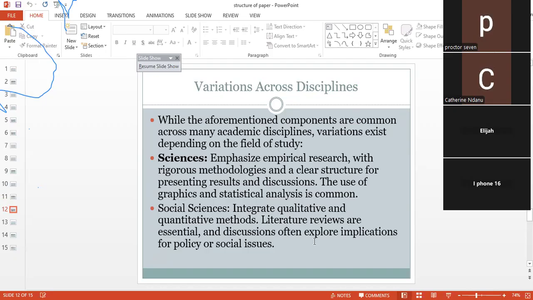Talk about most of the disciplines you are doing: software engineering, chemistry, physics. Those are called empirical sciences, and they want very rigorous research. That's where you must have the abstract, the results, the discussions, all those sections you have talked about.